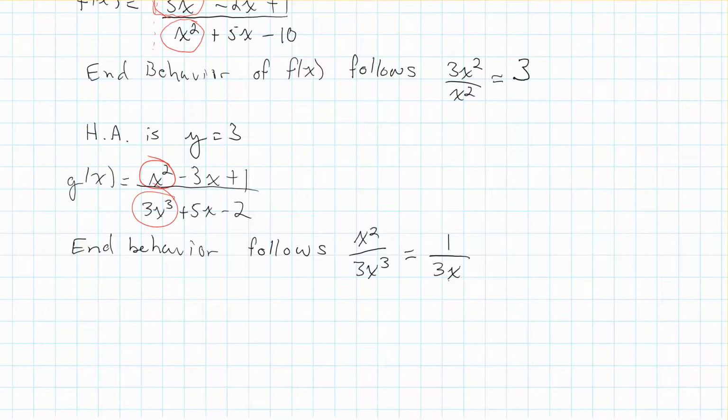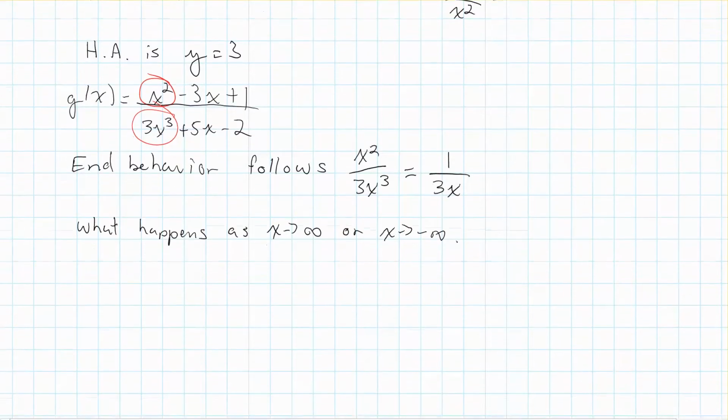Well, what we have to ask ourselves is, what happens as x goes to infinity or x goes to negative infinity? And one way to see this, anytime you have x in a denominator with a positive exponent, it's always going to go to the same thing.